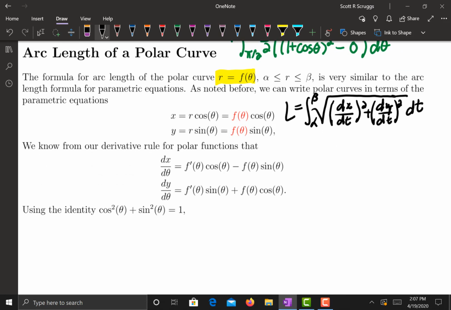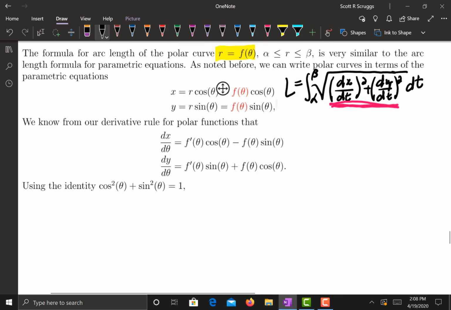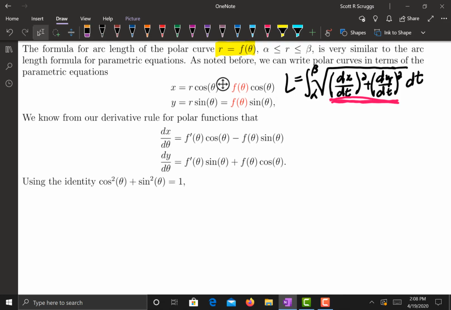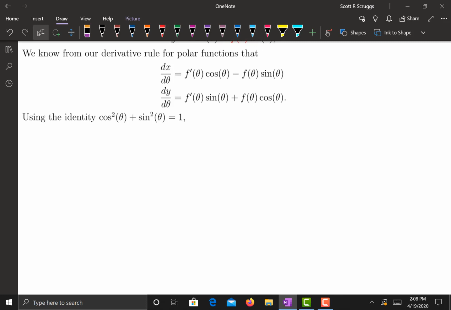And so what I'm going to try to do is substitute what is appearing inside the square root of the arc length formula for a parametric equation. And so let's determine that. And just a forewarning, at first it's going to look ugly, but I promise it's going to be pretty.